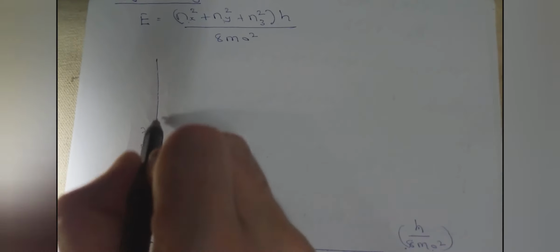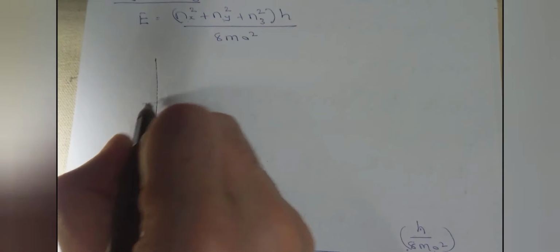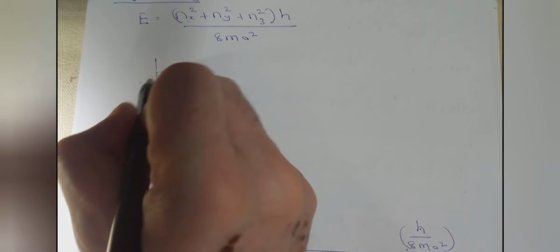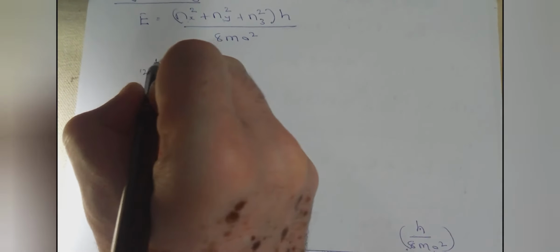This is 0 and this is 1, in terms of h square by 8ma square. Then we can have 2, 3, 4, 5, 6, 7, 8, 9, 10, 11, 12, 13.